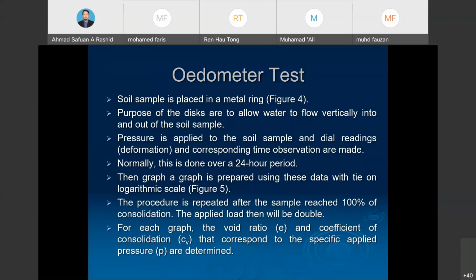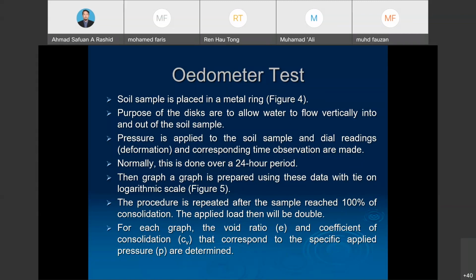This one we will go through later. The purpose of this is to allow water to flow vertically into and out of the sample. Pressure is applied and dial readings are taken. During testing, when we apply a pressure, we need to record the deformation value.